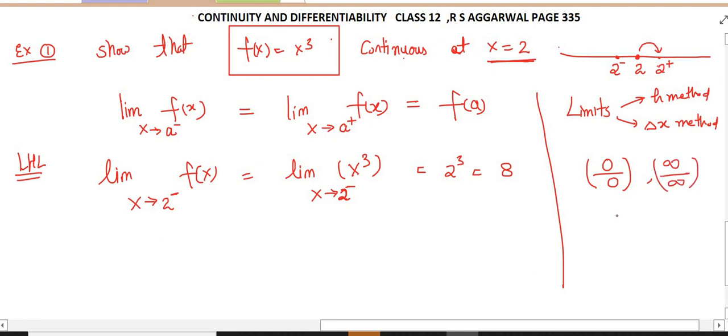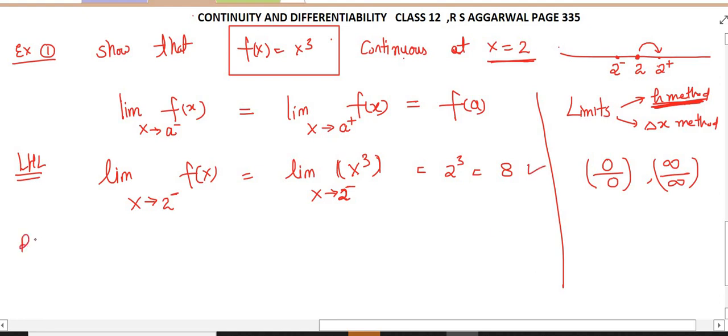In those questions we will use h methods. In coming questions I will explain to you. For such basic polynomial questions, no need to use h method. So this is your left hand limit.